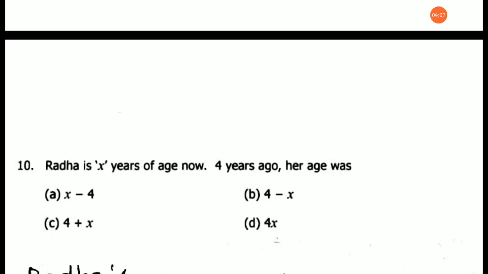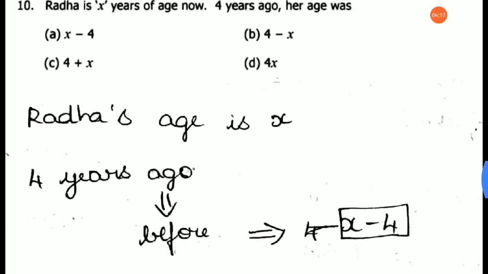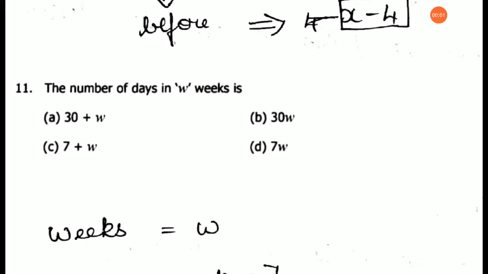So before 4 years, if she is X years old now, it should be reduced, right? So what is the answer? 4 years ago, ago means before. So we are subtracting: X minus 4. Answer is option A.